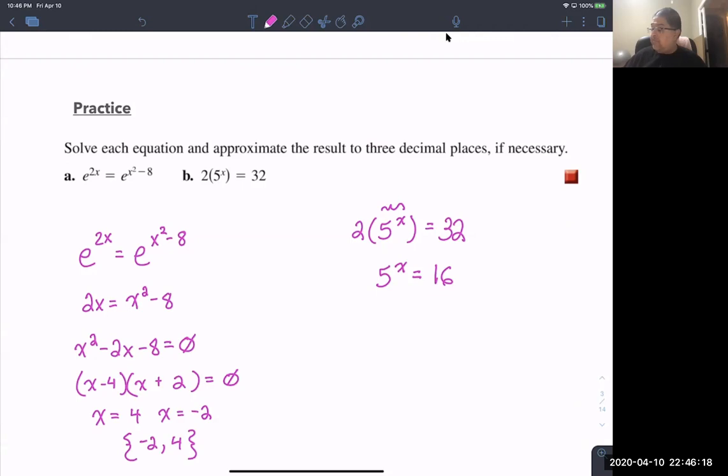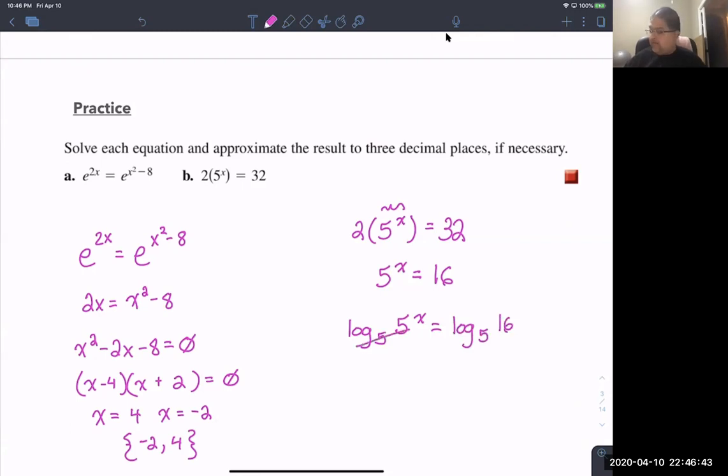So since I can't make both sides have a common base, I have to use the inverse of my exponential, which is the logarithm. So I will do log base 5 of 5 to the x equals log base 5 of 16. So I'm going to do log base 5 of both sides.